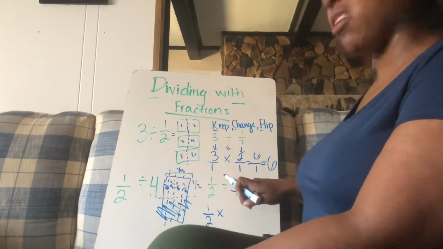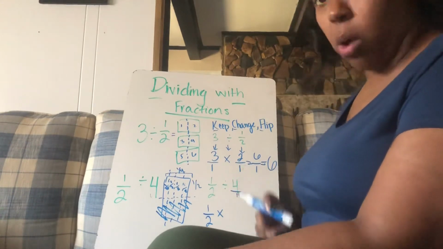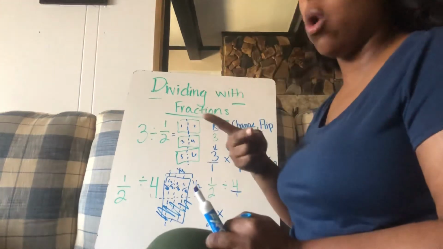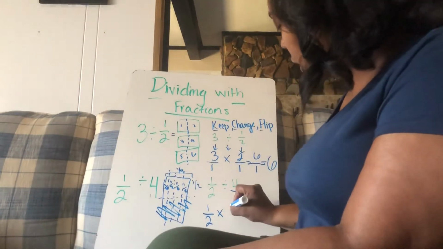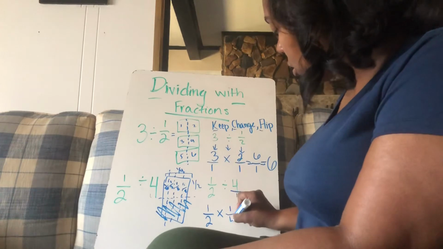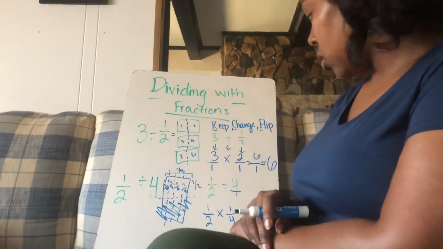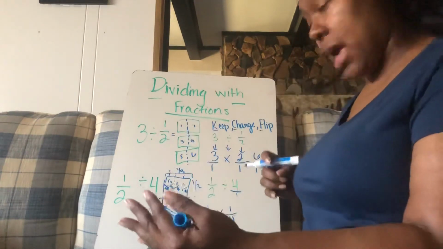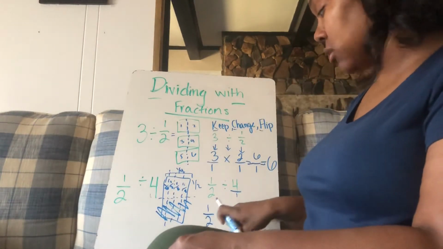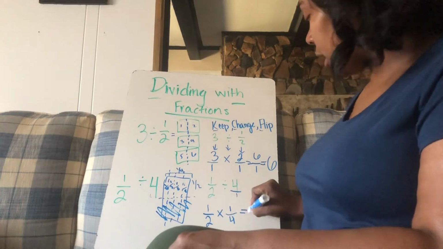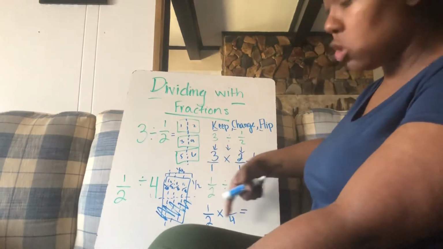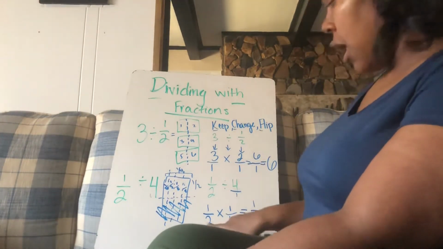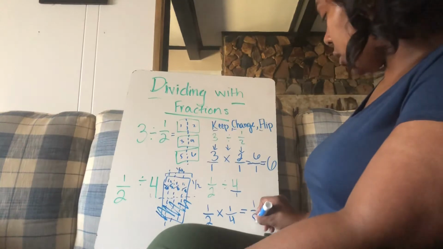In my brain, I know that 4 as a whole number is 4/1. And I need to flip it. So we need to flip 4 wholes. Well, if I flip it, I'm going to put the 1 on top now and the 4 on the bottom. So what I'm saying is 1/2 divided by 4 wholes is the same as doing 1/2 times 1/4. And again, we're going to do that thing where we do numerator times numerator, denominator times denominator. 1 times 1 is 1, and 2 times 4 is 8.